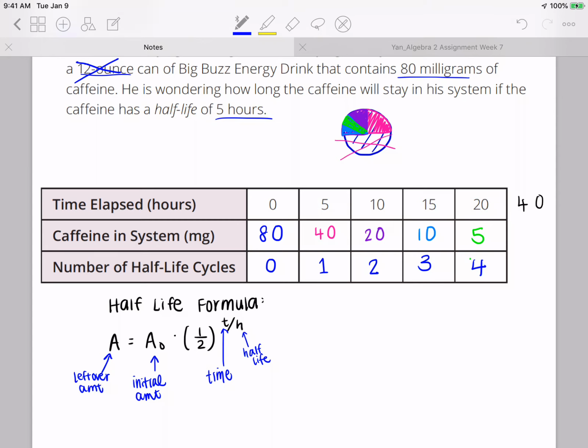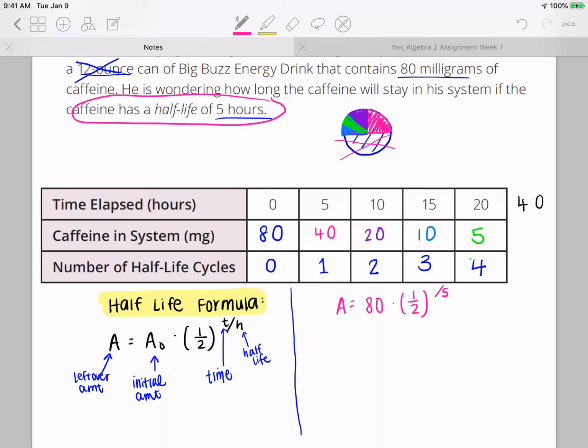Okay, so back to our question. Let me highlight this. So back to our question here, if I want to find 40, that means we have to substitute. Well, we don't know what our A is here, but we know our initial amount is 80 milligrams times 1/2 to the half-life, which is the bottom part of this fraction, is 5.